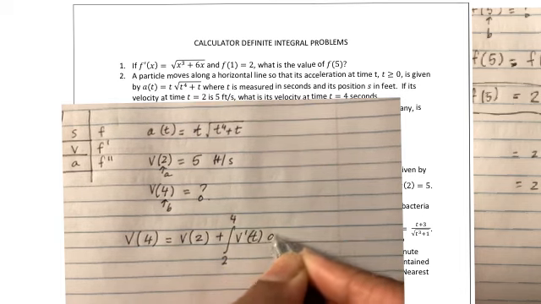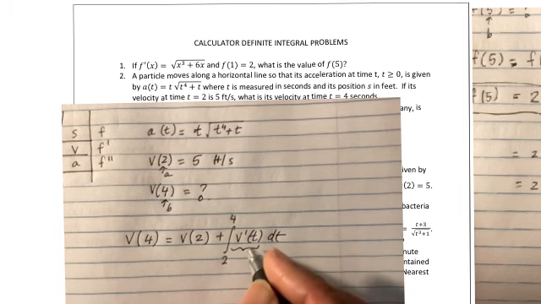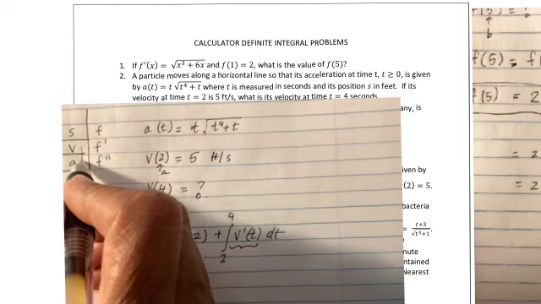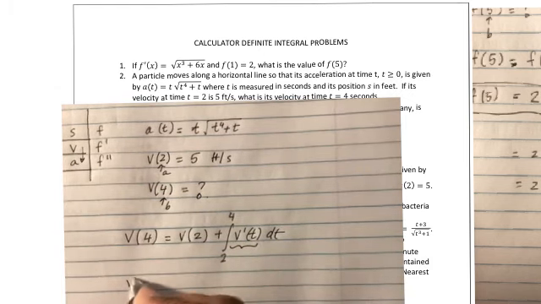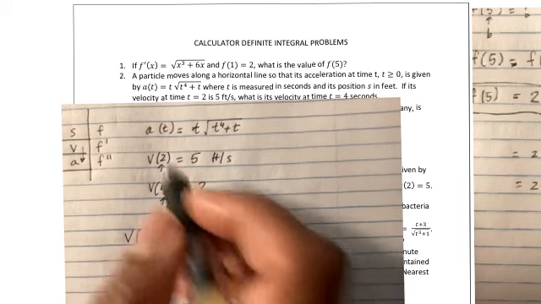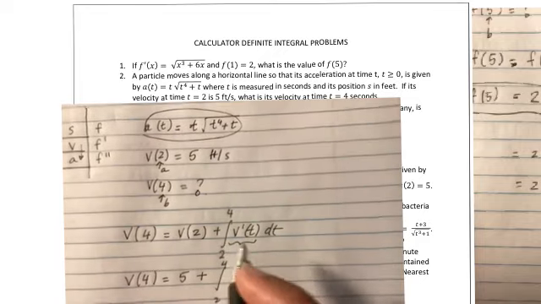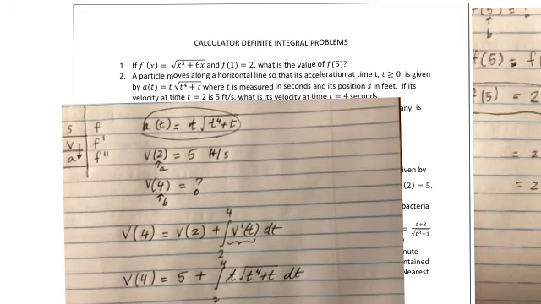Which is really just v prime, but v prime, remember, you take a derivative, you go down. So v prime is just a. So v of 4 is going to be equal to 5 plus the integral from 2 to 4 of a of t, which is this guy up here, right? So we just have to put that in here and solve with our calculator.